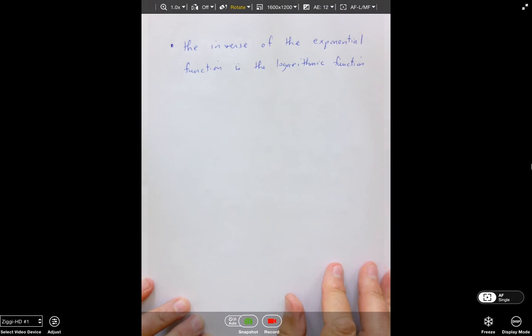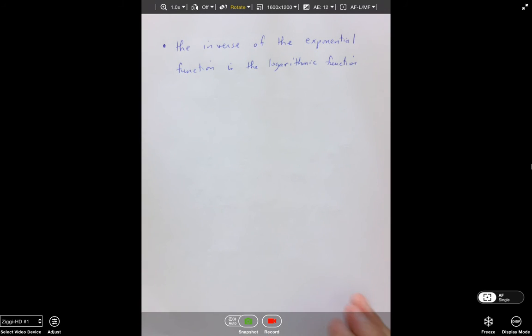And guys, the key to understanding the relationship between exponential function and logarithmic function is to examine the equivalent forms.